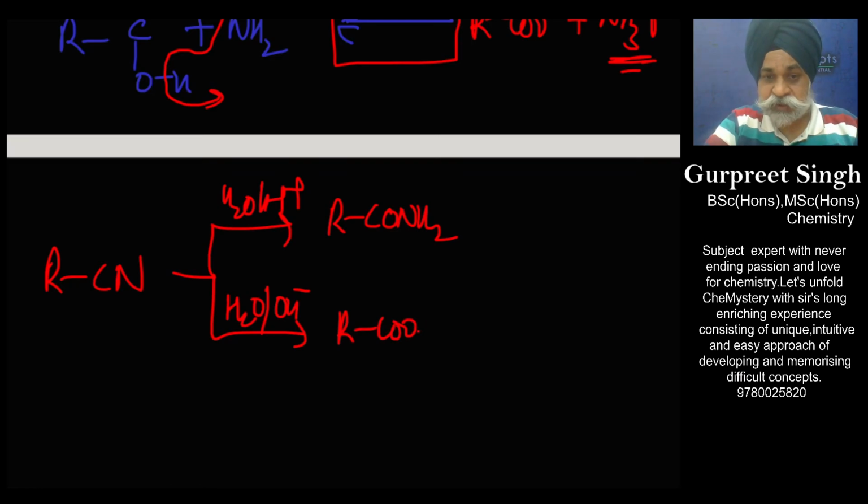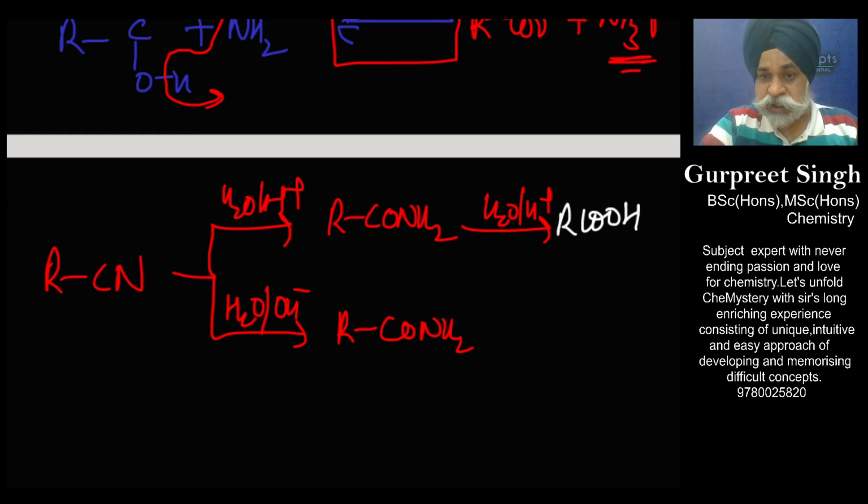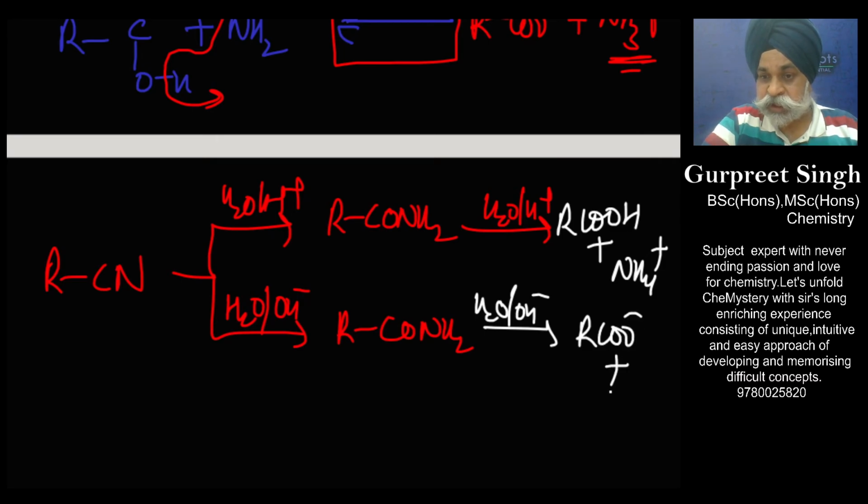And if further hydrolysis is done, another mole of water would lead to the formation of carboxylic acid with ammonium salt, and in the basic medium it would result in the formation of carboxylate ion along with ammonia gas. This is very important, and this part is partial hydrolysis.